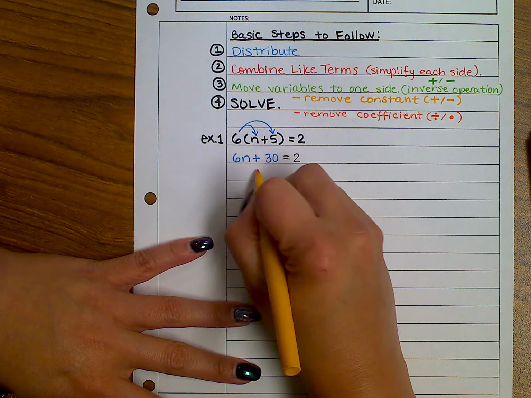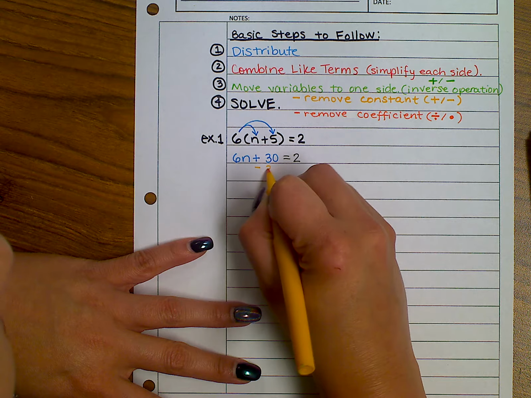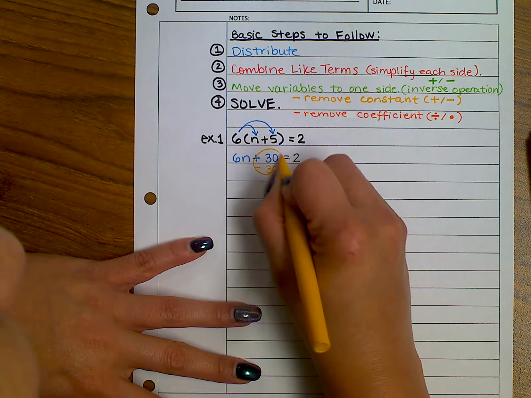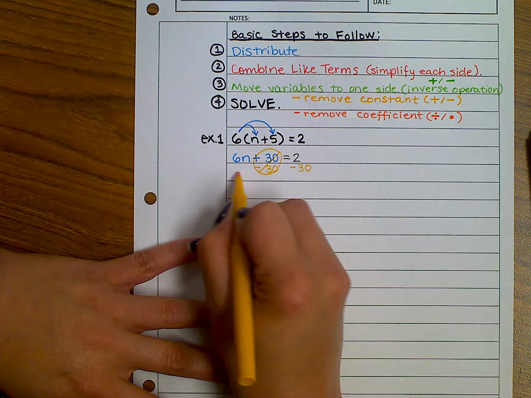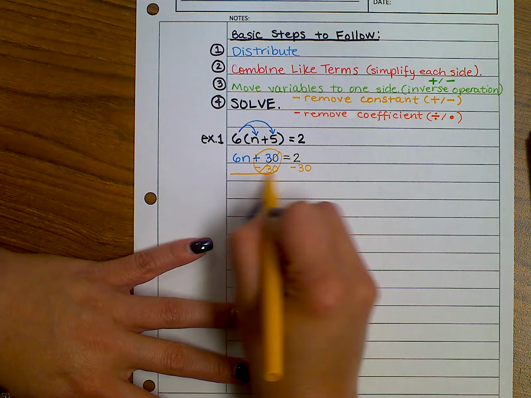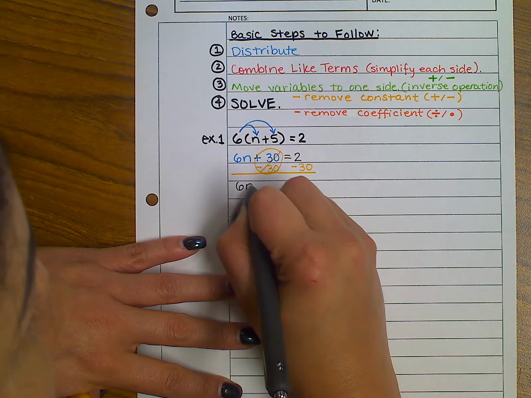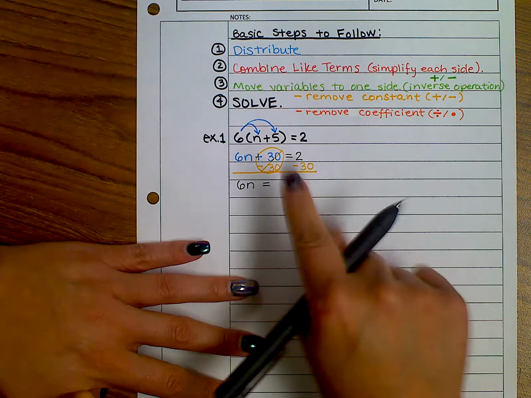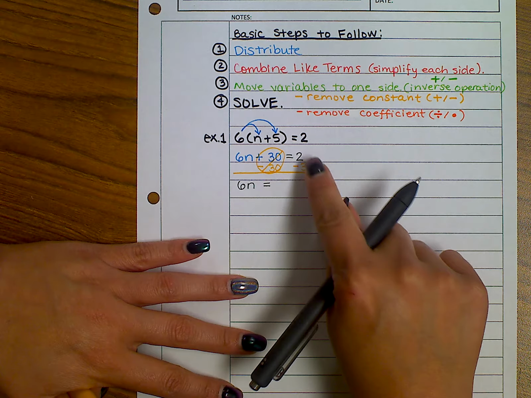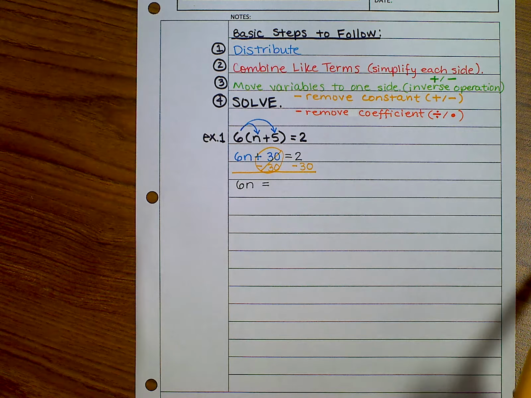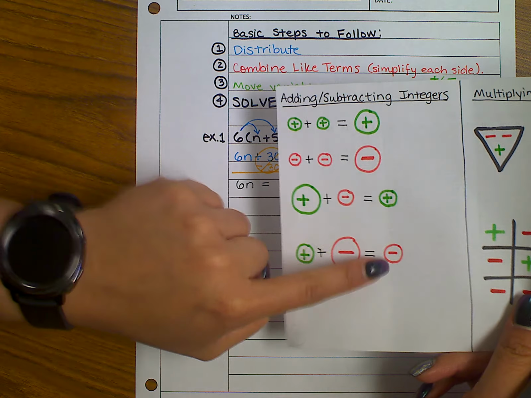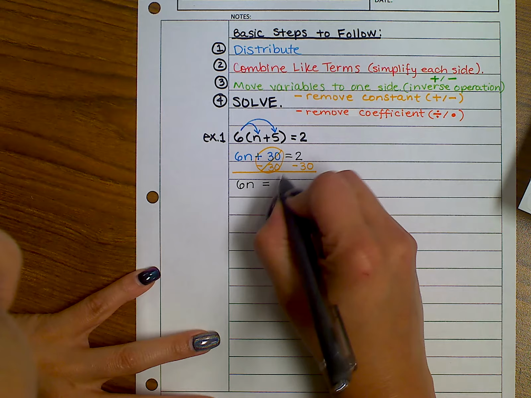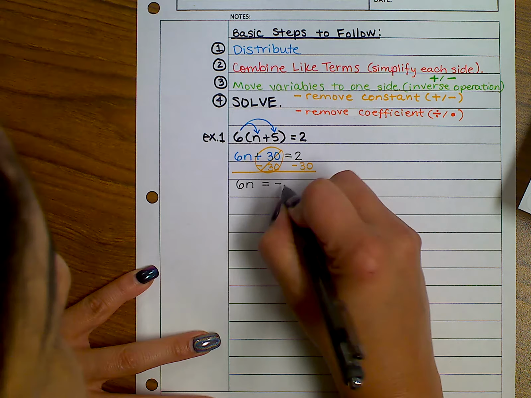Since I have positive, I'm going to use the inverse of negative to eliminate my 30 and move it over to the other side. So that means I can bring down my 6n, my equal sign. Now here I have a small positive and a larger negative. So a small positive, a larger negative. That means I should have a negative number. This should actually be negative 28.